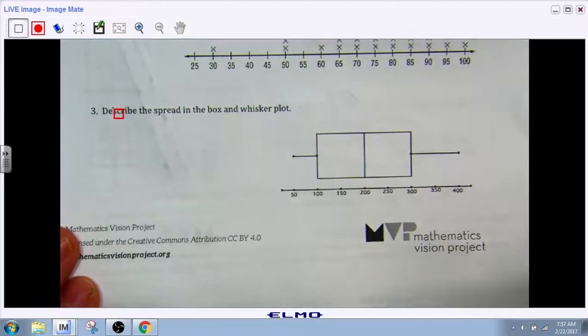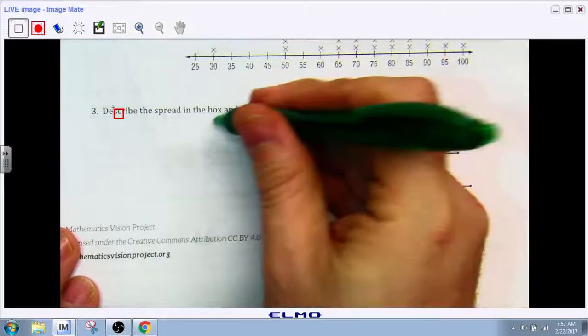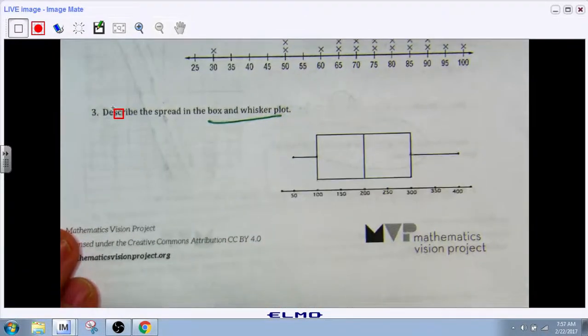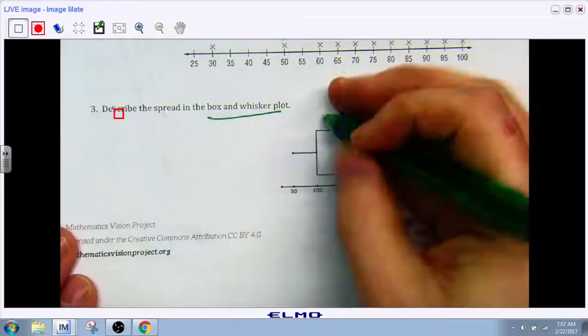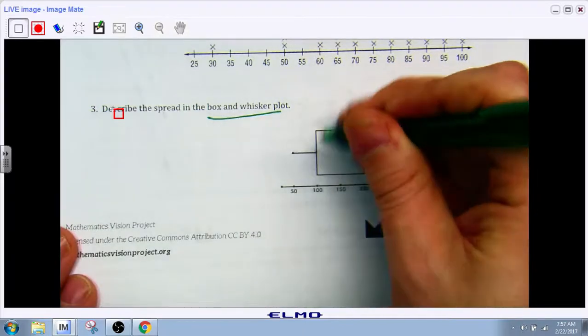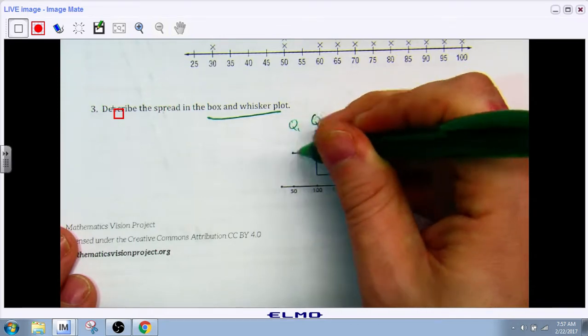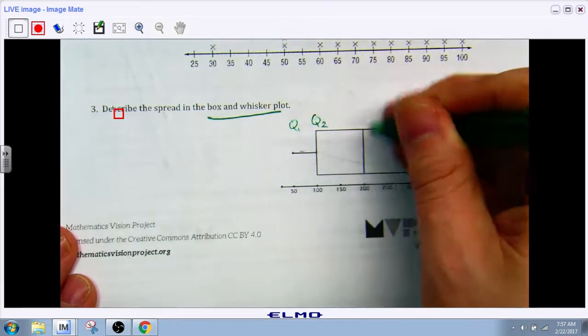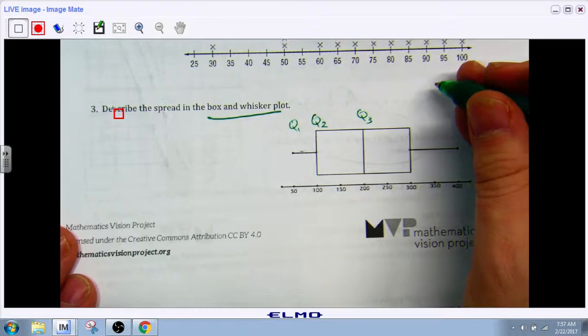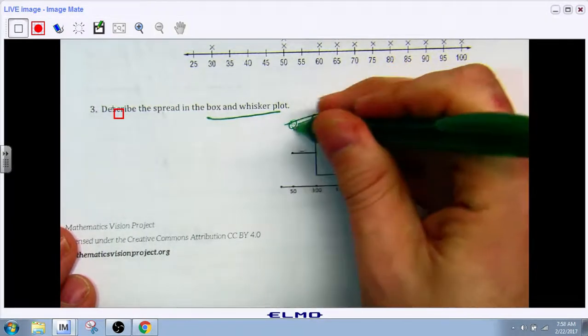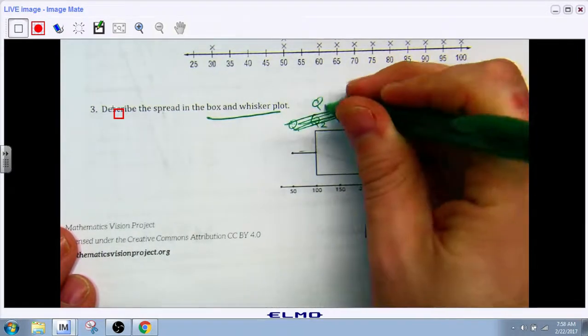So this is a box and whisker plot, and the way box and whisker plots are is they're already torn up into quartiles. So this is our lowest number. This line here represents the beginning of Q2. Whoops, I did this wrong. This is Q1. It's early in the morning, forgive me.